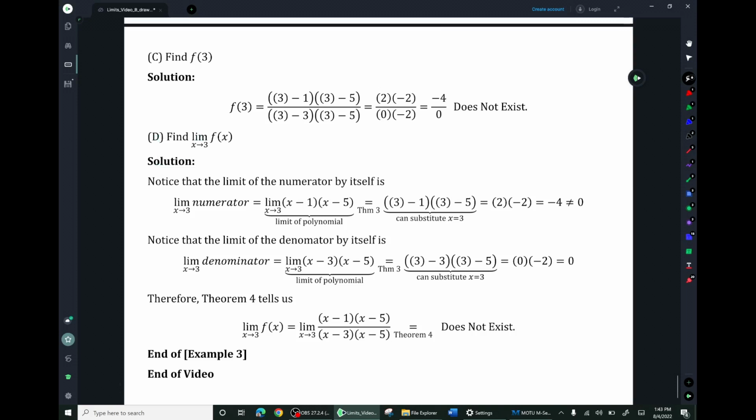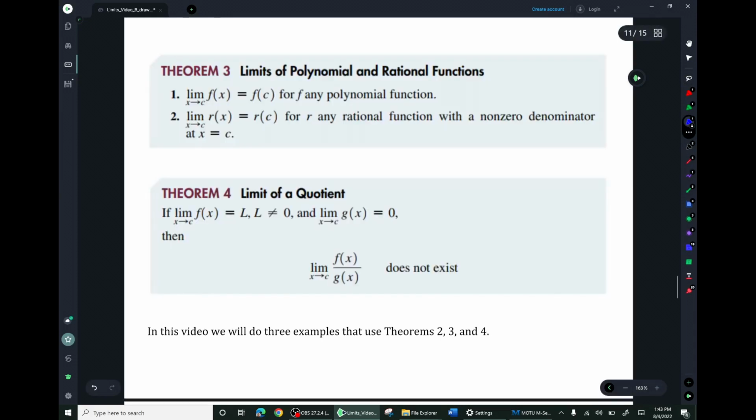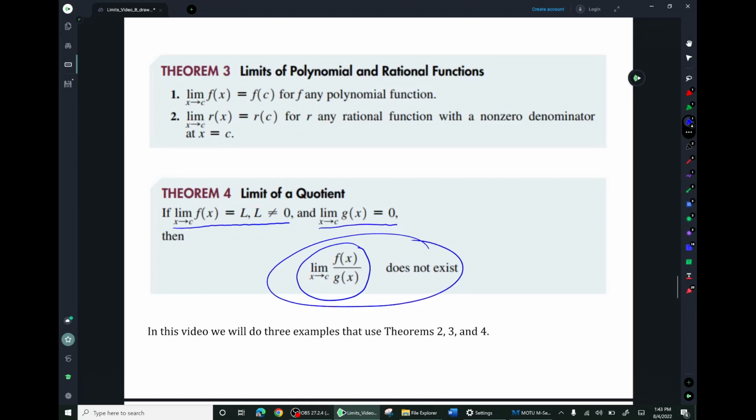Well, let's go back up and look at Theorem 4. Theorem 4 says if you are asked to find the limit of a quotient, and if it turns out that the limit of the numerator is some number that's not 0, while the limit of the denominator is 0, well then this limit does not exist.